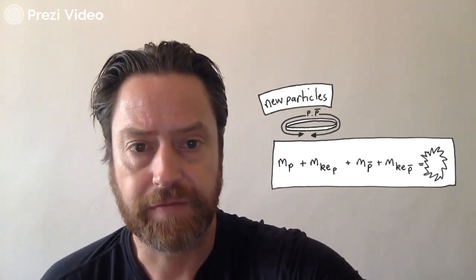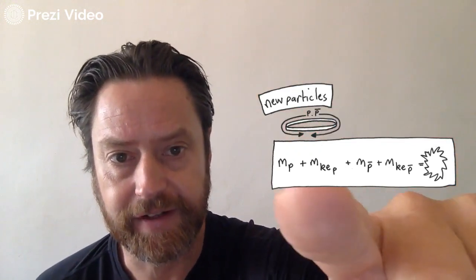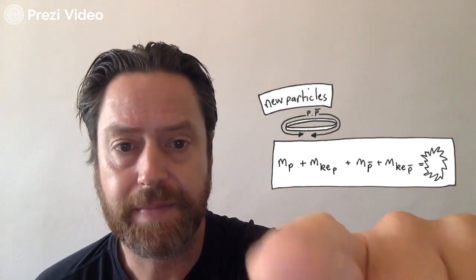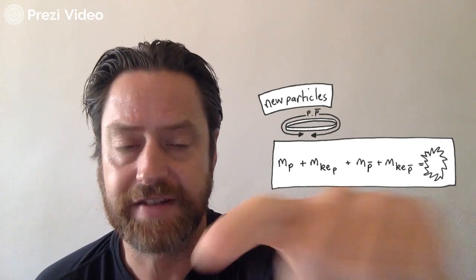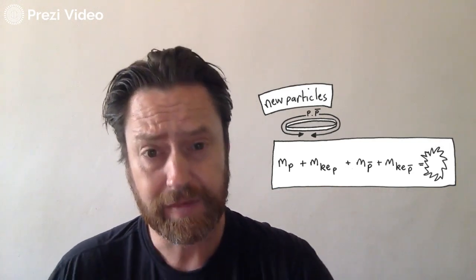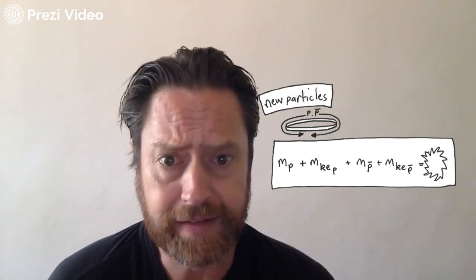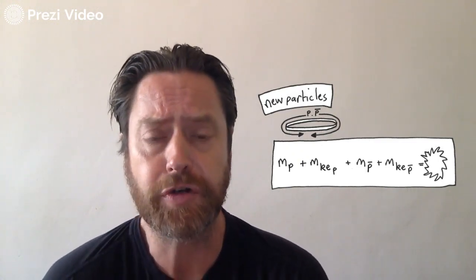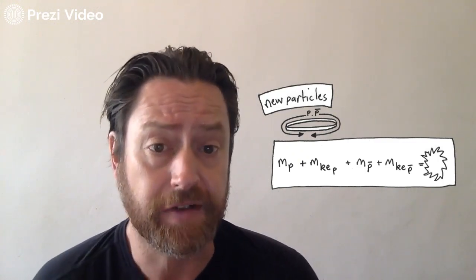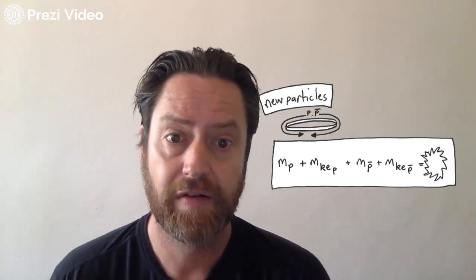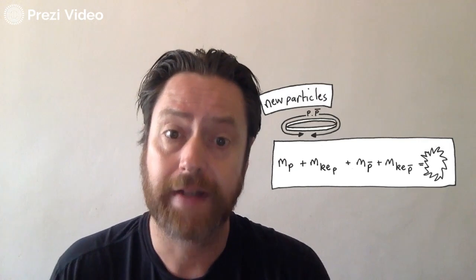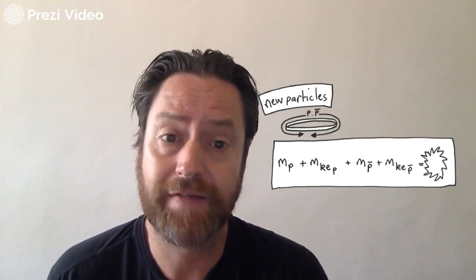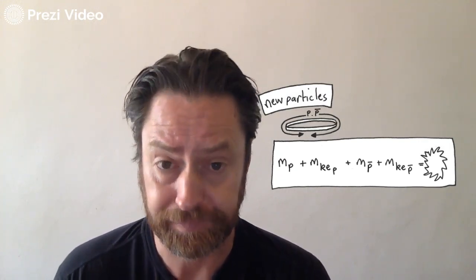So if we look at what I've got written up here, we've got the mass of the proton and the mass of the antiproton. And we could annihilate those, and the energy that's produced would be enough energy to make something twice the mass of a single proton. But we make them go really fast, so they also have kinetic energy as well.